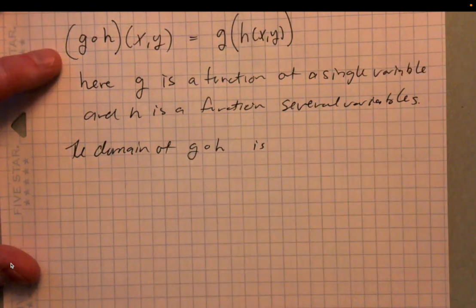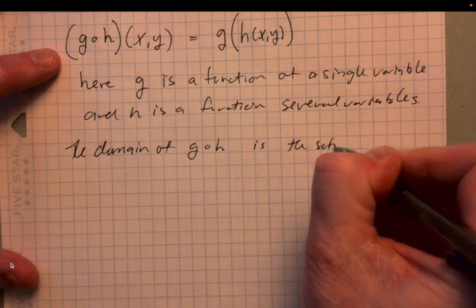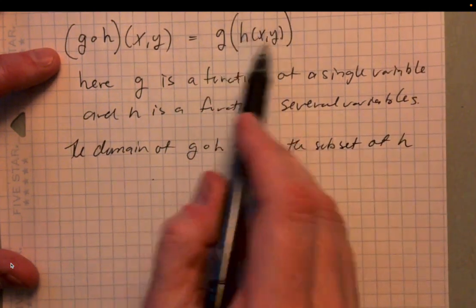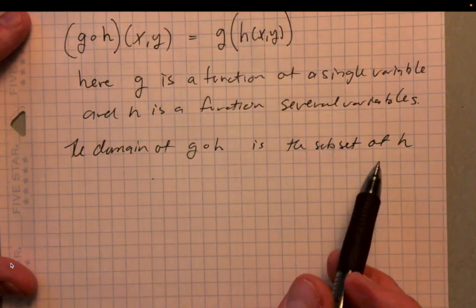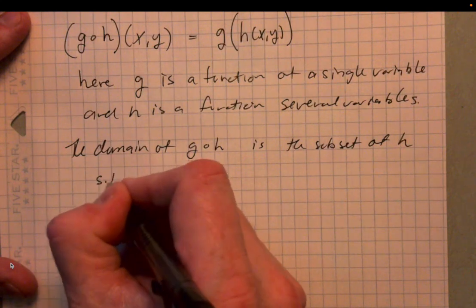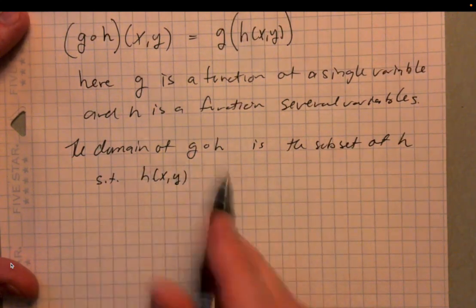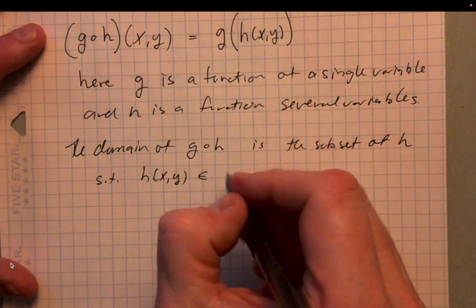The domain of g composed with h is going to be the subset of h's domain, right? h is going to have some domain, clearly. It's going to be the subset of h such that when I plug those x, y's into h, that evaluates to something in the domain of g.